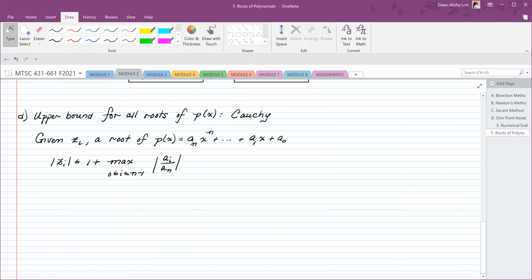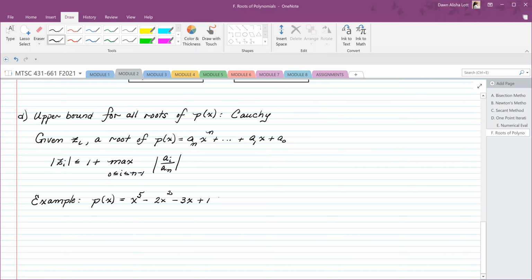So an example of that is p of x. This is the same one we were looking at, x to the 5 minus 2x squared minus 3x plus 1.